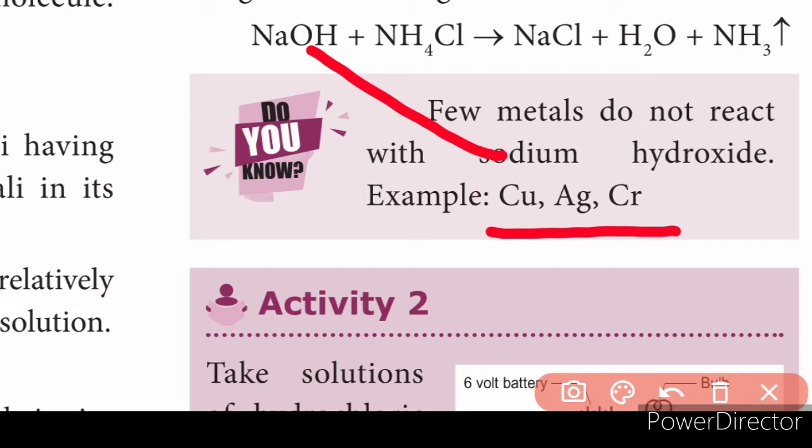Ag is the symbol for silver; its scientific name is argentum. Because silver starts with the letter S, we cannot use the symbol S, as sulfur already has it. That is why silver gets the symbol Ag from its scientific name. So copper, silver and chromium do not react with NaOH.